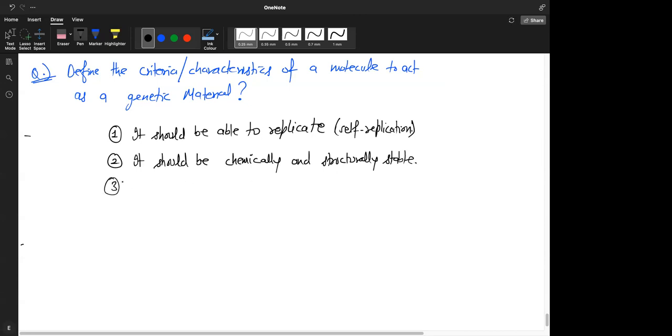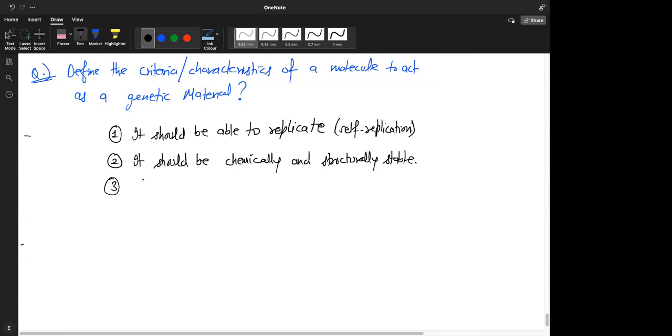Third, it's true that it should be stable, but what is required for the cell, like natural selection and survival? What is important? Variations, right? And how do variations come? Through mutations. So it should also provide scope for slow changes like mutations, because it is very important for the evolutionary process of the organism. Yes or no?